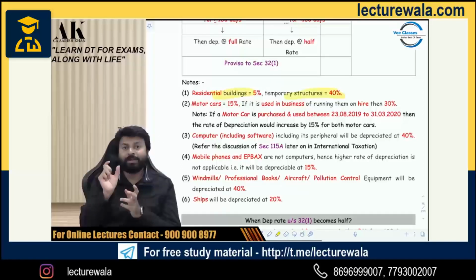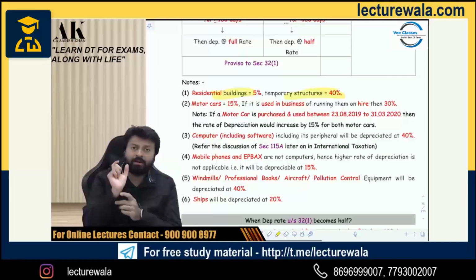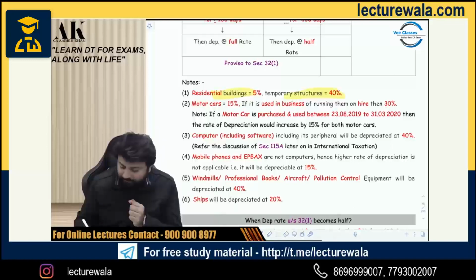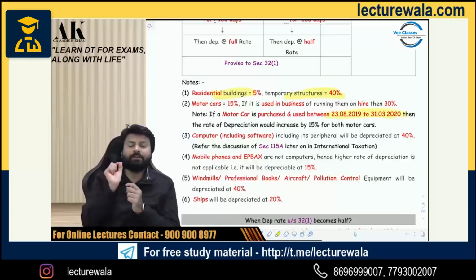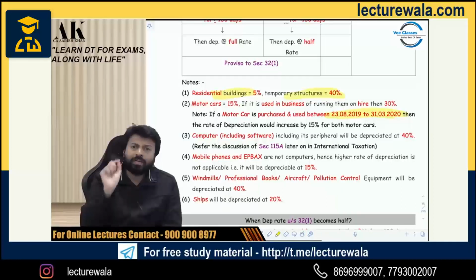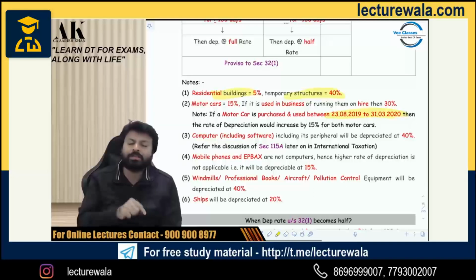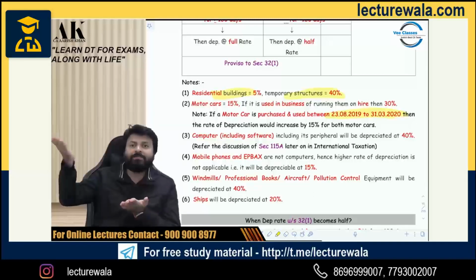If you have purchased motor car between 23rd of August 2019 to 31st of March 2020, see this date. If you have purchased and used between this period, you have to purchase and use both, then you will get 15% extra.